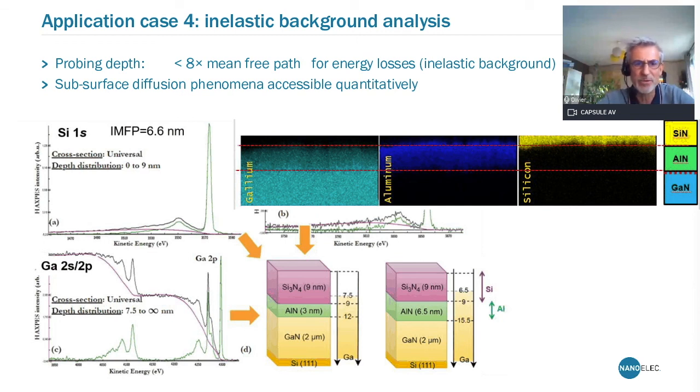This gallium diffusion was actually also characterized using cross-sectional TEM. So the message here is that you no longer need cross-sectional TEM to perform the analysis. You can use photoelectron spectroscopy and the energy loss analysis. This provides you with a result in a much faster way.